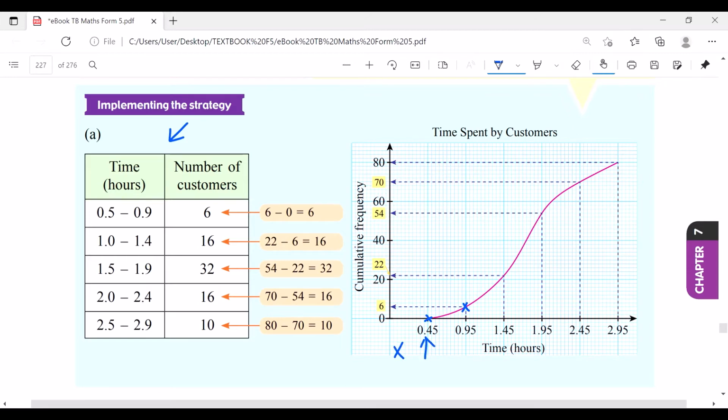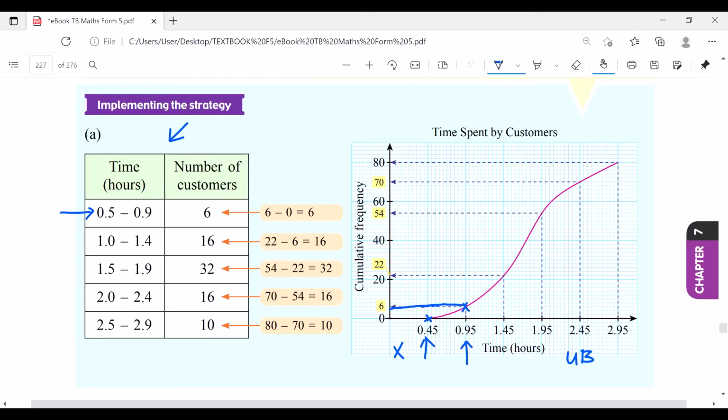So your first class, 0.5 to 0.9, will start here. 0.95 is the upper boundary. So what you do, you just find the cumulative frequency first.